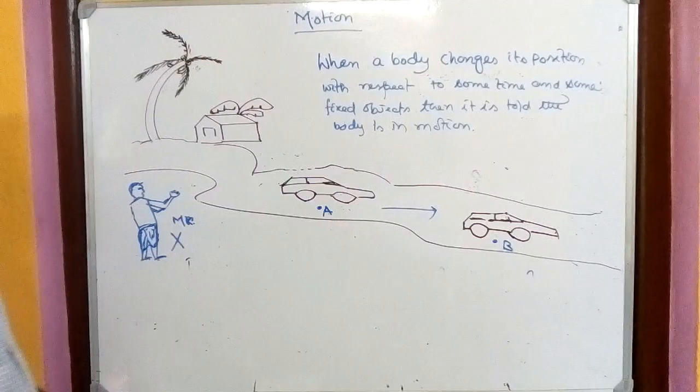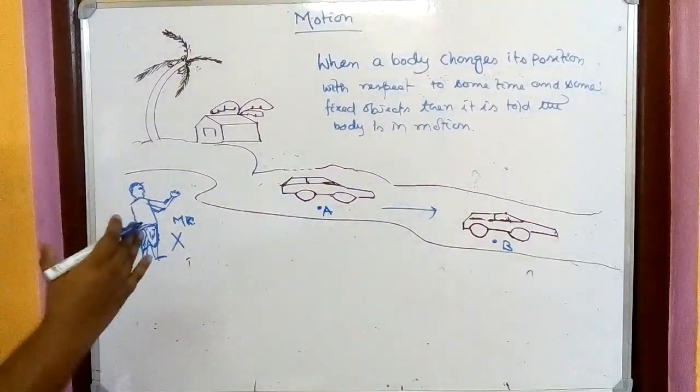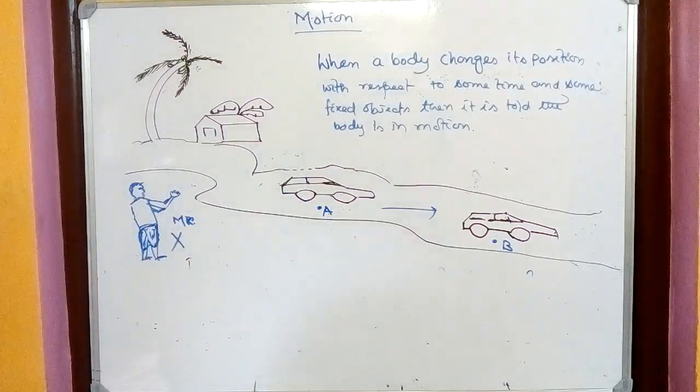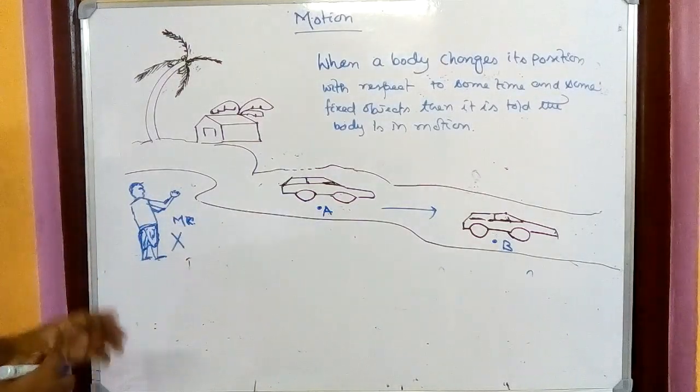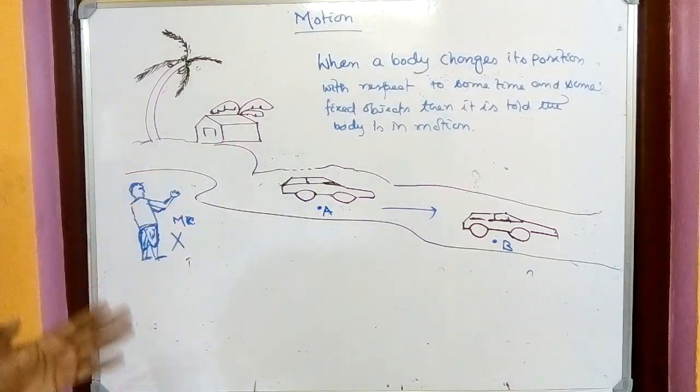What is the definition? We just want to understand it. First, it is told when a body changes its position with respect to some time and some fixed objects, then it is told that the body is in motion.